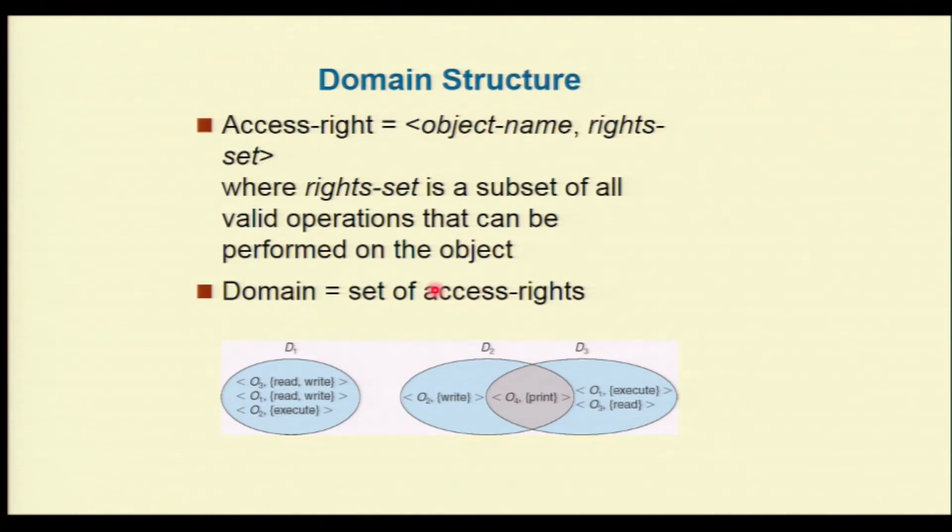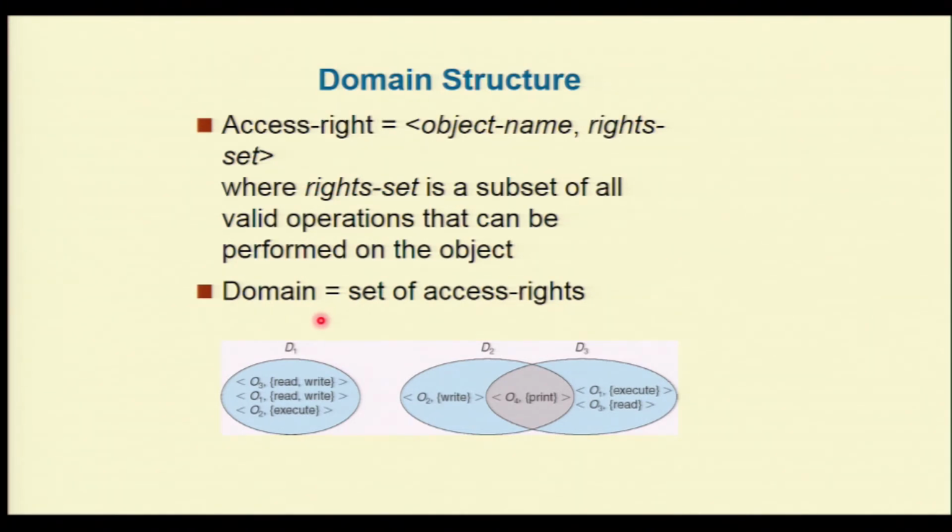We can talk about a domain. A domain has objects. In that particular domain, the object has a capability of read, write or execute, or whichever combination. Once again I wish to repeat, in the domain D1, the object O3 has a capability of read and write. Object O2 has only execute, whereas in domain D2, object O2 has a write capability only.